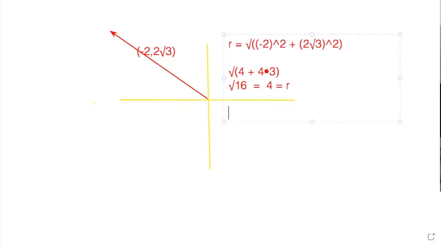And then I would go over here and say the arctangent of 2 square root of 3 over negative 2 is equal to the arctangent of negative square root of 3.